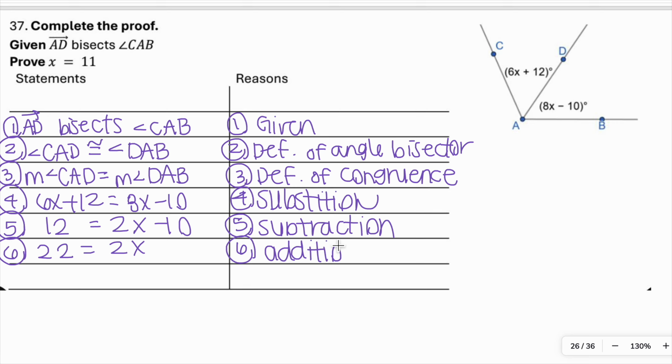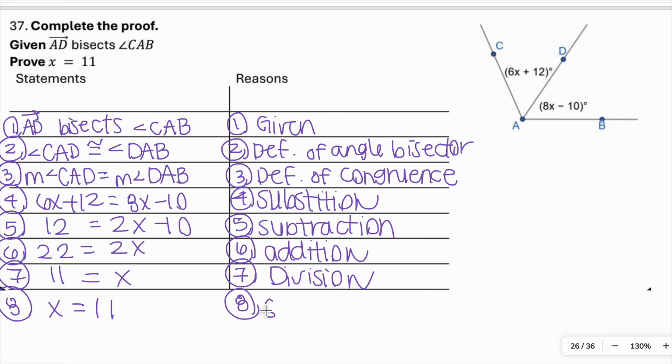I'm going to have to go over one step here. Some of you might be able to finish in 7, but I'm going to need 8. And then 11 is equal to x using division. And then to make sure I have it where x is equal to 11, we're going to use symmetric. Okay.